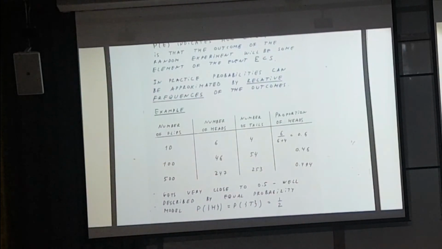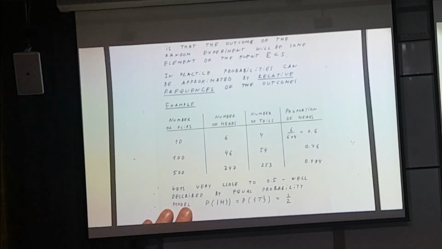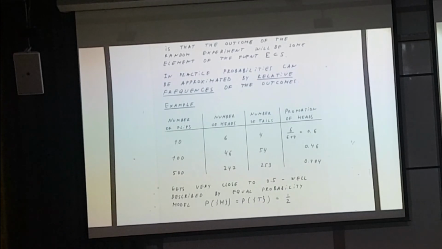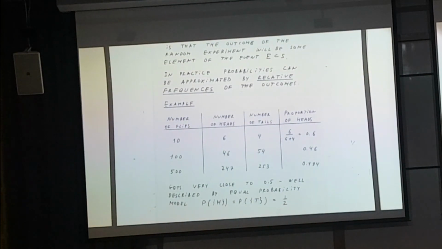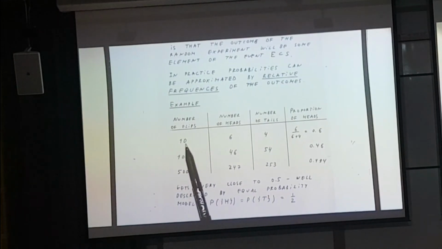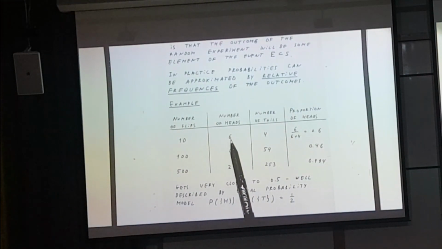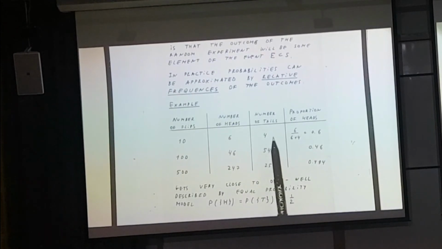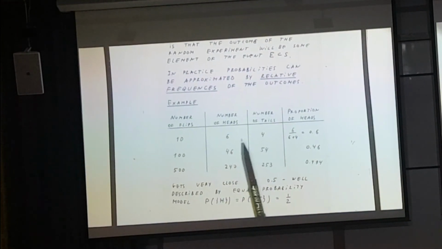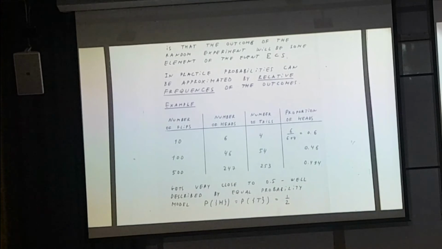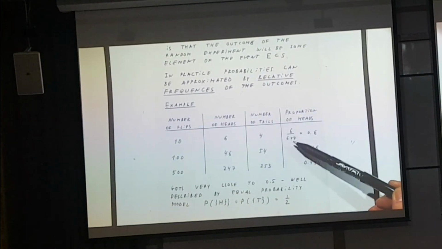I will only mention that in practice you can think that these probabilities are approximated by relative frequencies of the outcomes. In this table, I recorded some outcomes of flipping a single coin. You can record the total number of flips in the left column, the number of heads in the second column, and the number of tails in the third column, so that they add up to the total number of trials, of course. And then you can record the proportion of heads.